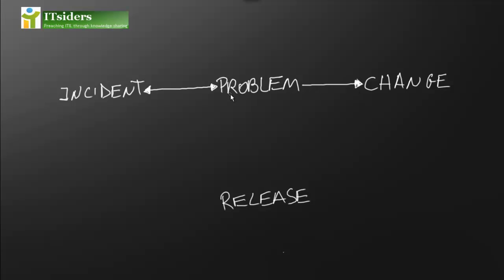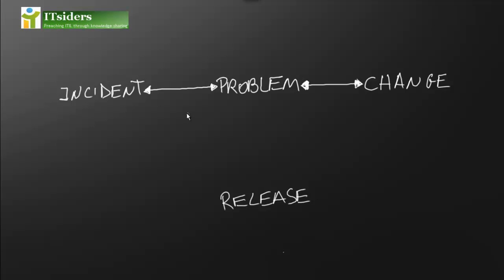So if you have a problem with a root cause identified and you want that root cause applied and fixed and you want the problem rid of your infrastructure, you have to go through a change management process. On the other way around, a change may or may not have problems associated with it.